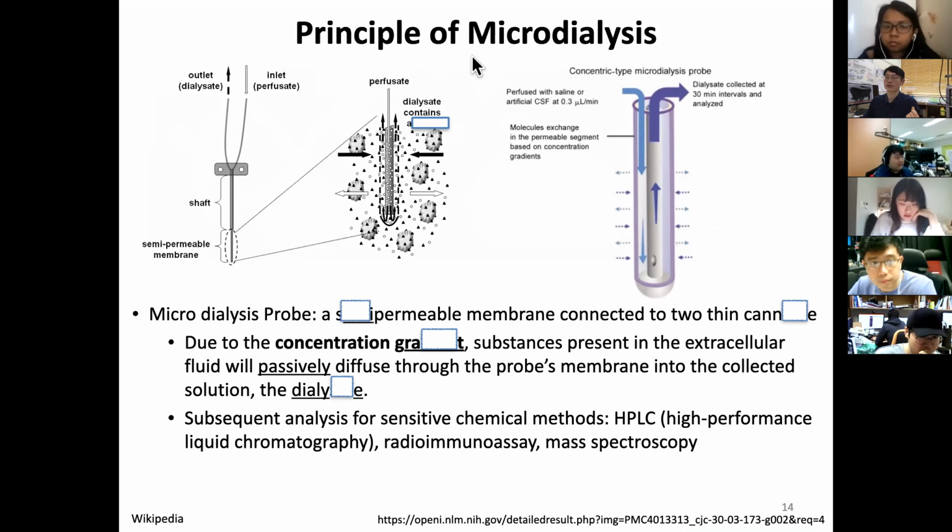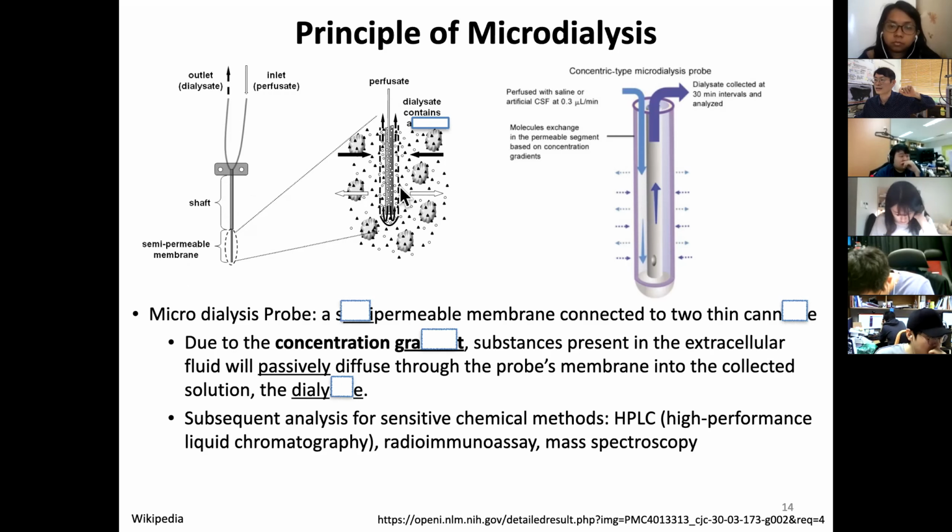So the principle of microdialysis is, you see this Y shape. There is an inlet and there's an outlet, and with the shaft, there is a membrane. So look at this more closely. You constantly perfuse with this perfusate, which is shown as a white ball shape, and then it goes.